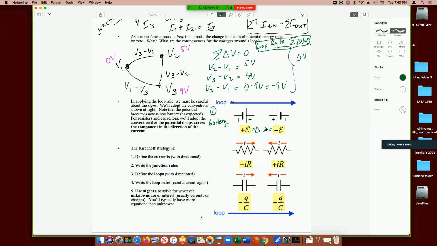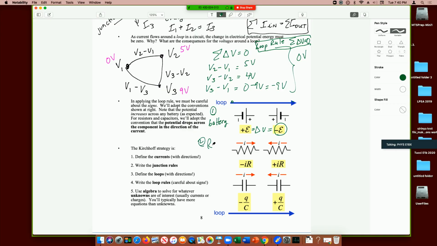So if I go from a negative terminal to the positive terminal, if the direction of my loop goes in that direction, then that corresponds to a positive increase in potential. If I go in the opposite direction, then that corresponds to a negative change in potential. And again, this is just an arbitrary convention. So that's the thing with the battery.